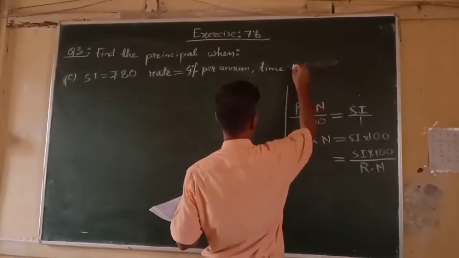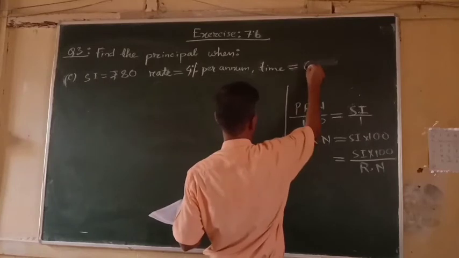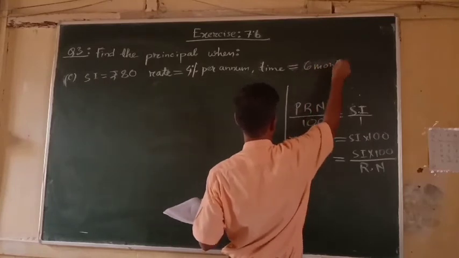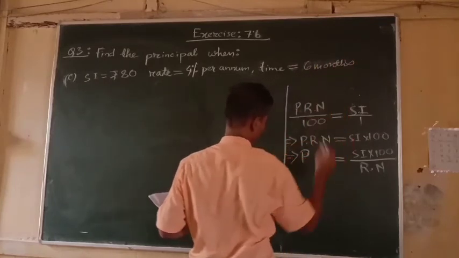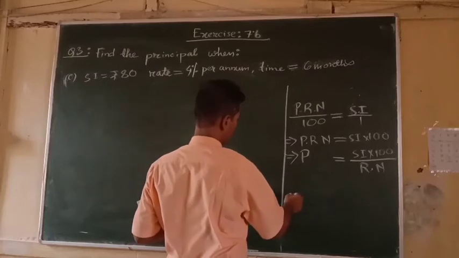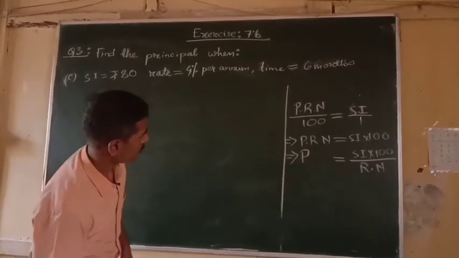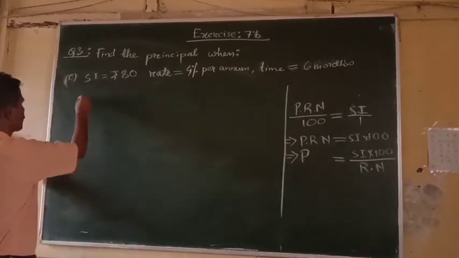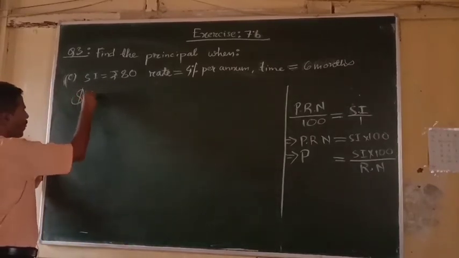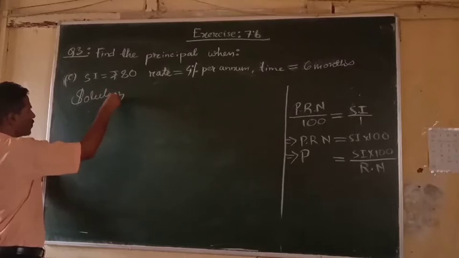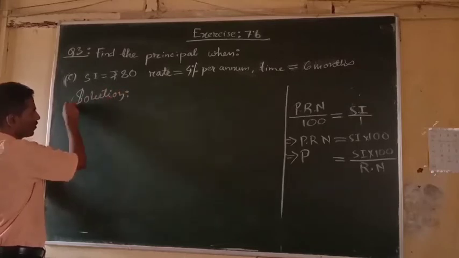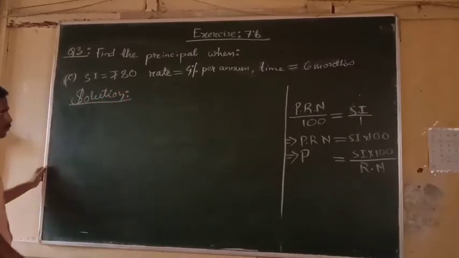Time given is 6 months. Okay, so like earlier, 6 months equals 1 by 2 year, half year. So, solution. It's a very simple question.